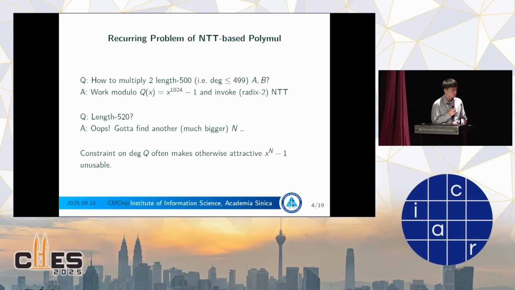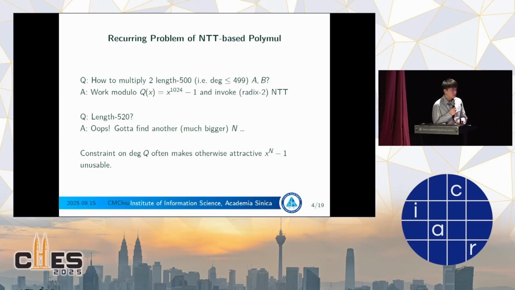This is all fine and good, but things become tricky if the length is increased to 520. Now the same choice, n equals 1024, doesn't work anymore, and we have to find another bigger sufficient n. In many cases, this will be a lot bigger because of both the smoothness requirement on the NTT side and the existence of the appropriate principal root of unity.